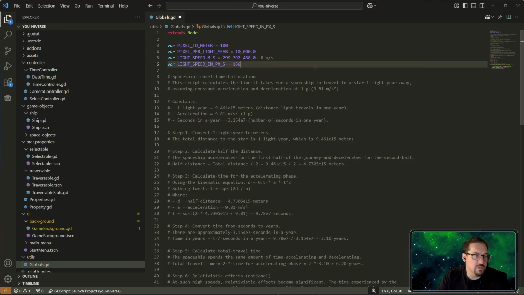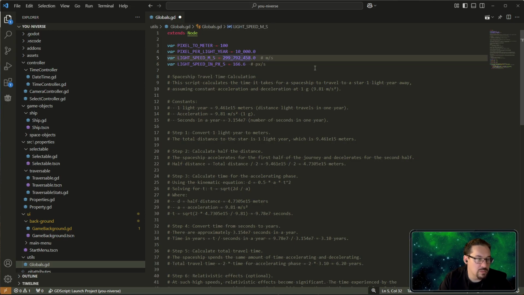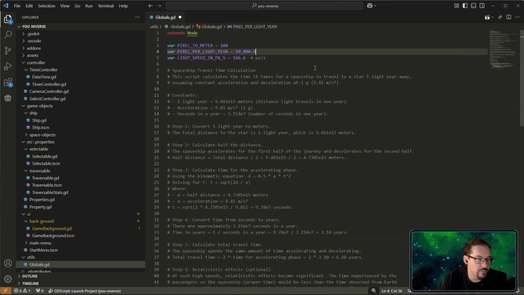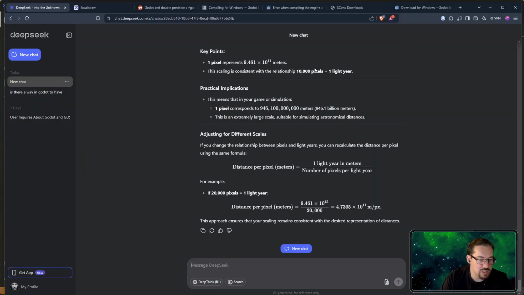When I'm doing this, 166.6, what did I say? So light speed, no, meters we don't need. And so wait, then I could calculate how many meters 1 pixel would be, right? And what did I ask the AI?